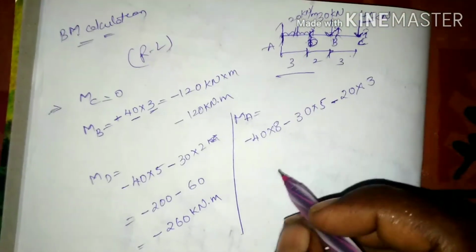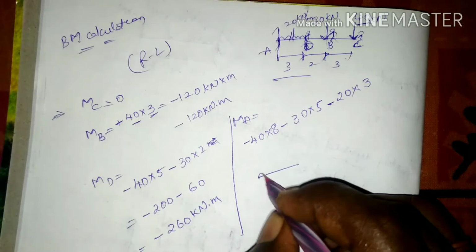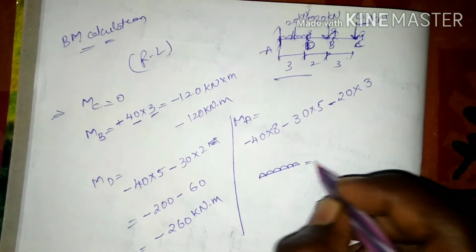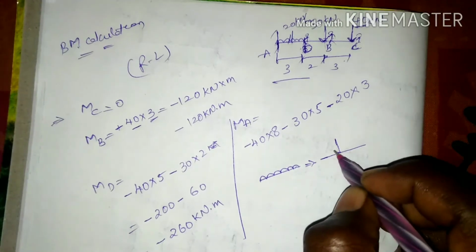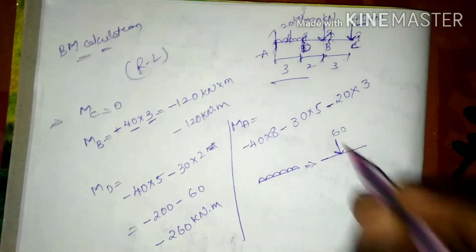When the UDL is converted to the point load, it is going to act at the midspan of the beam like this, and the value is 60.